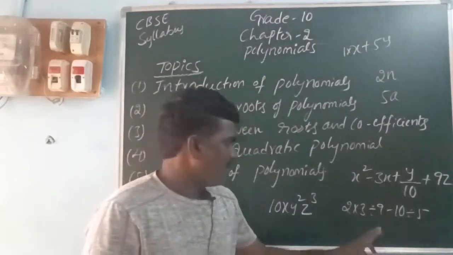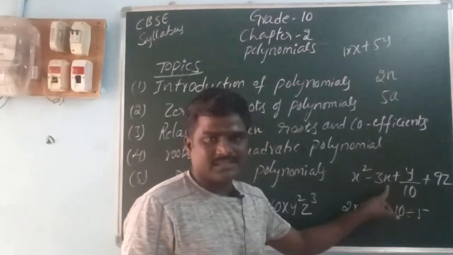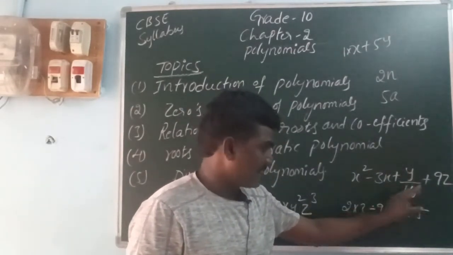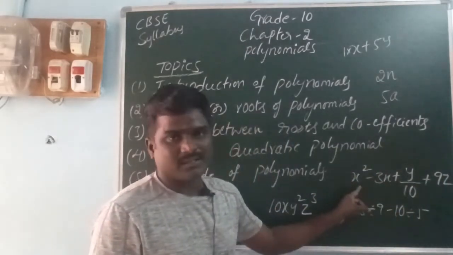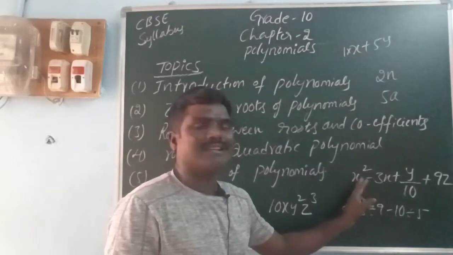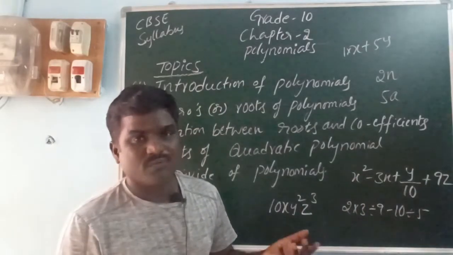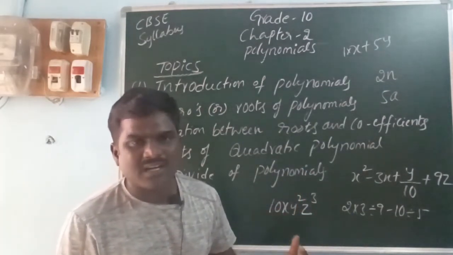Here 3x, 3 into x, is a term. y divided by 10 is a term. 9z is a term. x square, 1 into x square, is a term. So term means variables or constants with binary operations, multiply or divide.